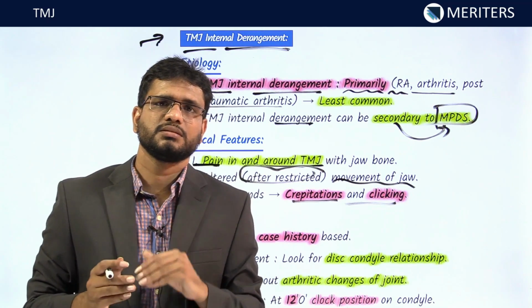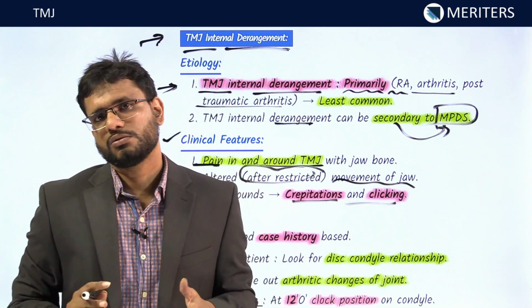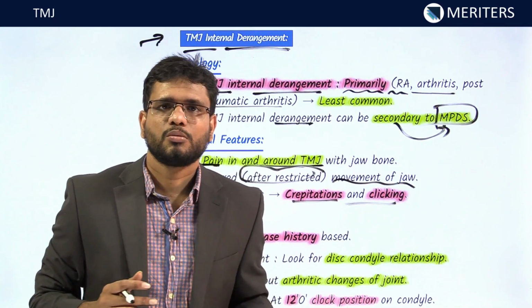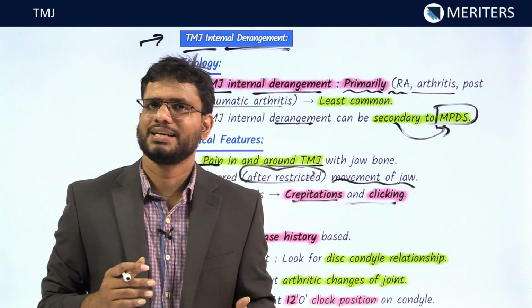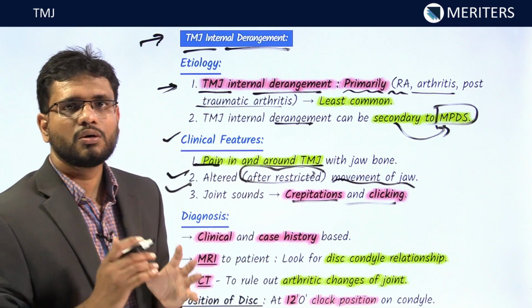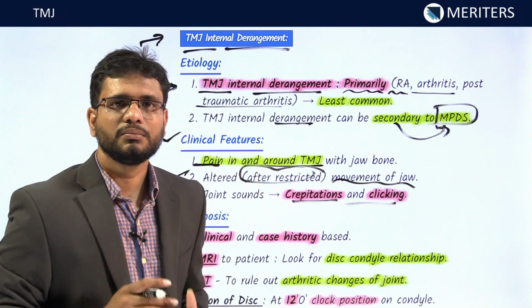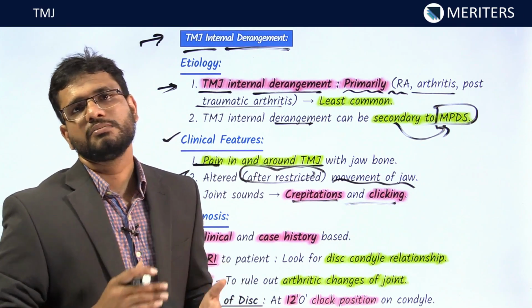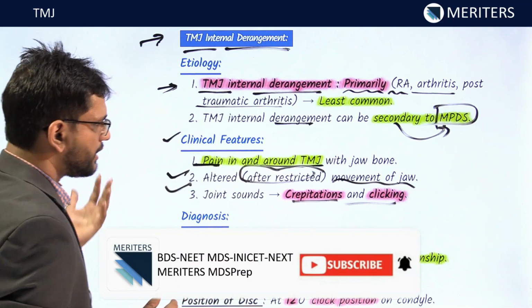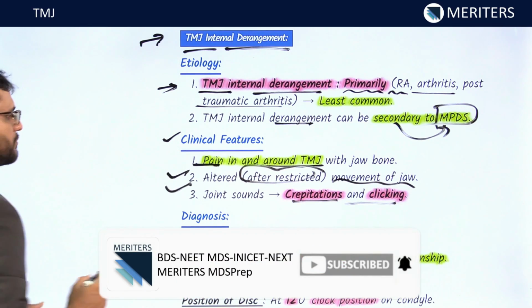Sometimes clicking can be there without pain also, but pain is going to be the most common presentation. Often patients have clicking, but they do not come to the dentist for checkup, right? So pain is the most common presentation of this particular TMJ derangement. Yes, clicking can be there, cannot be there. Crepitations can be there, cannot be there.